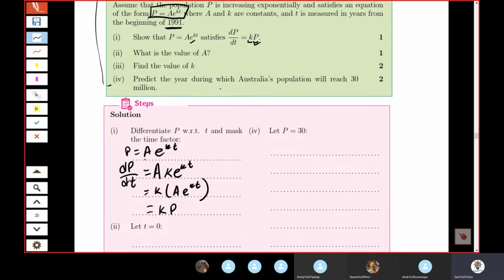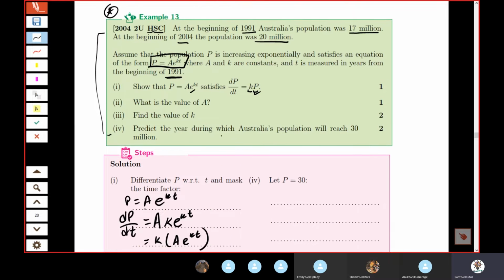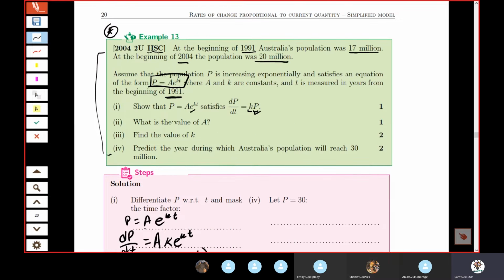All right. Then what you're trying to do with these is pretty much get rid of A. You want A as a number, and then eventually you want to find k as a number as well. So that's the technique, and there it is. You can see double I says pretty much what is A, and then triple I says what is k. Because once you've got A and k, you'll have an equation for population.